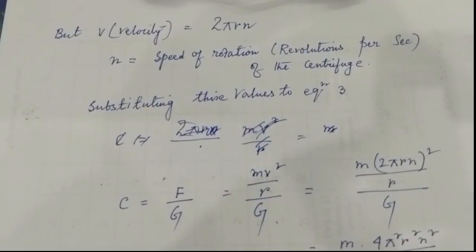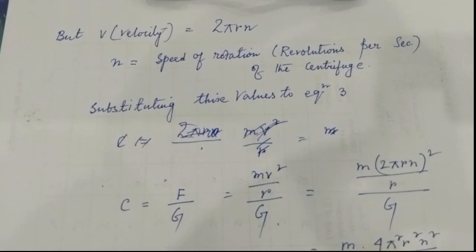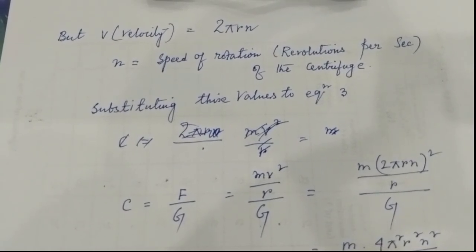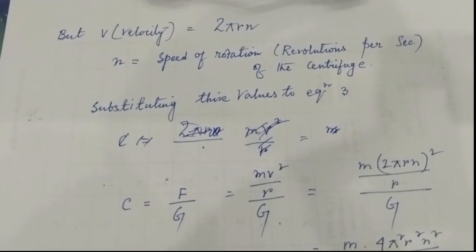The velocity is 2 pi rn, where n is the speed of rotation, that is, revolutions per second of the centrifuge.